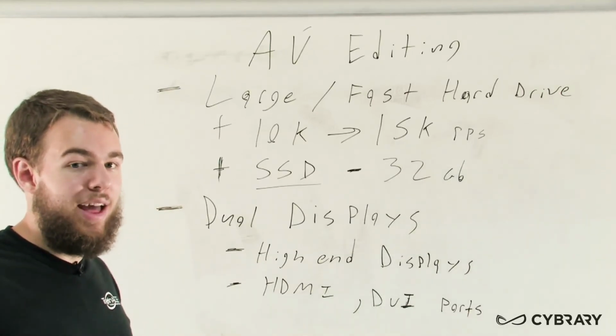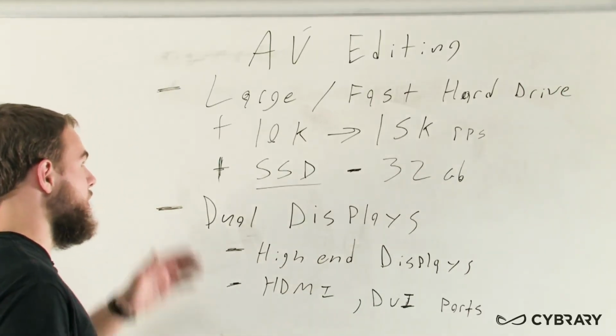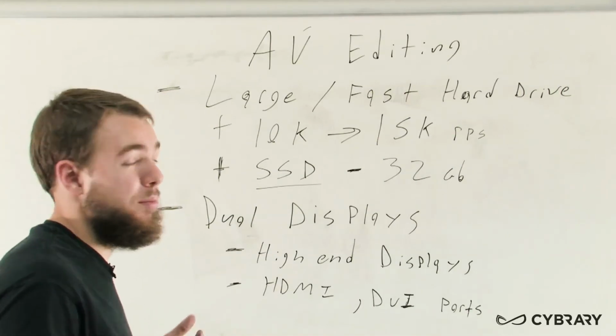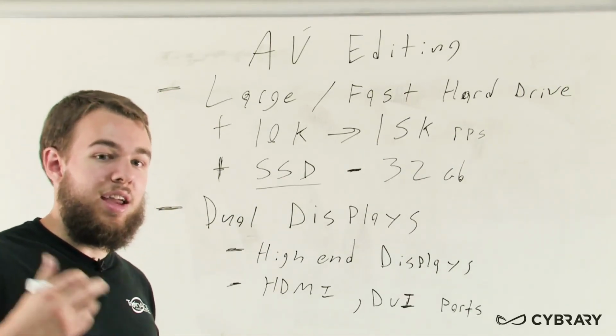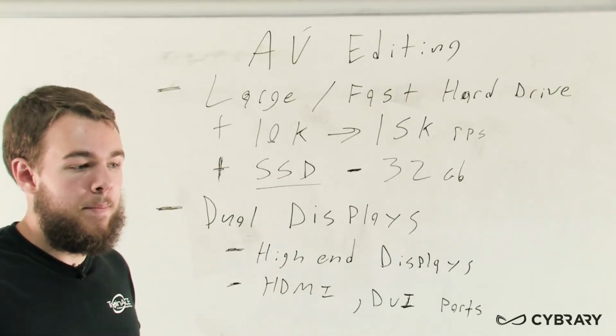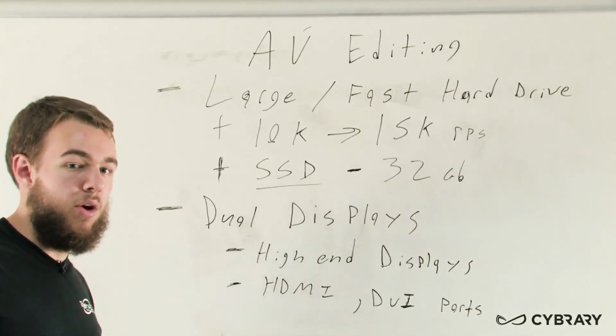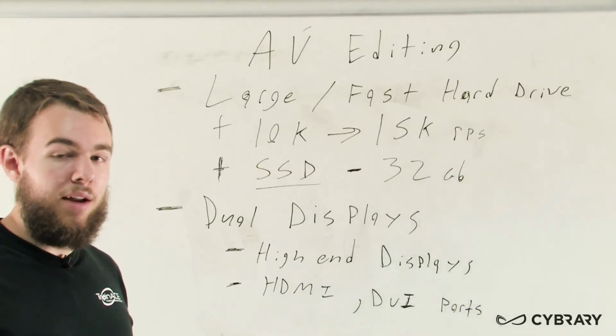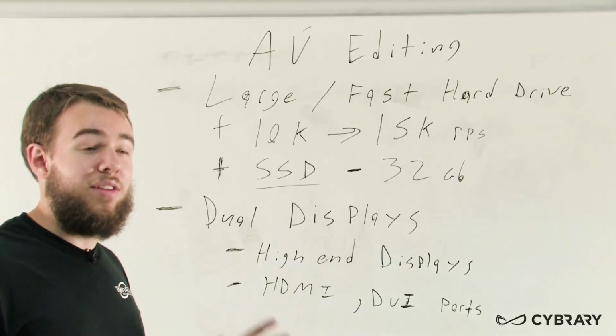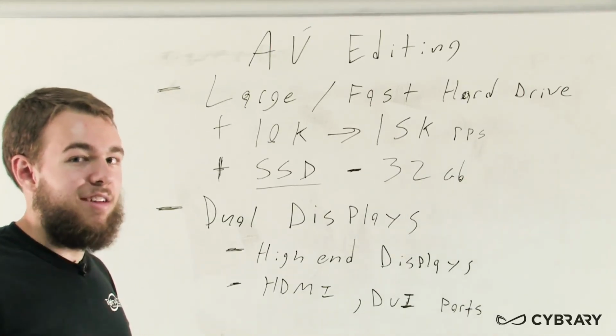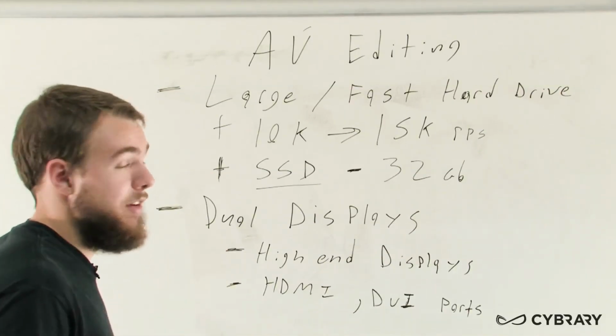We also want to have a large and fast hard drive, possibly separate solid state and hard disk drive if necessary. And then finally, we want to have our dual displays so that we get the maximum use of our video card and we're able to work on a lot of things at the same time. And we can maximize our efforts with our audio and visual computer.